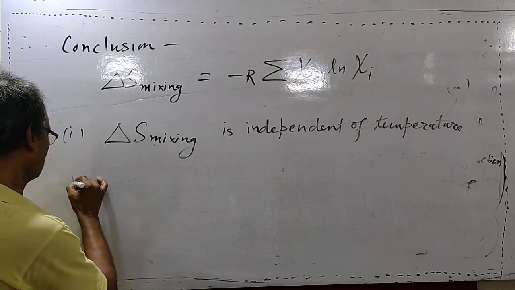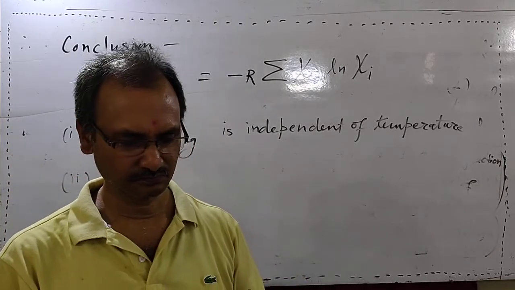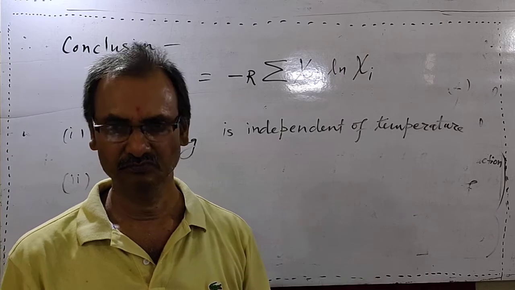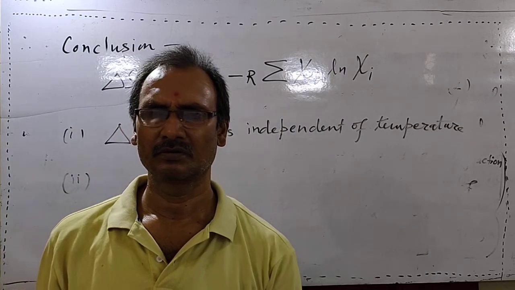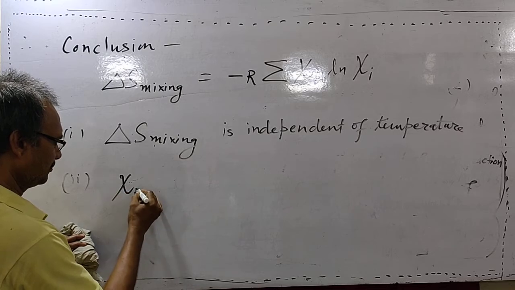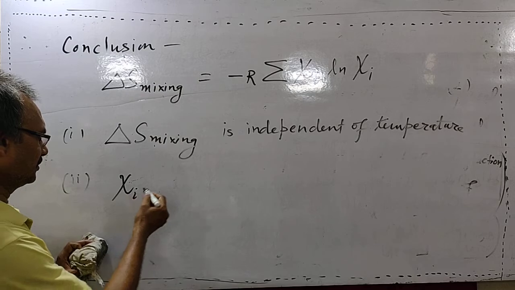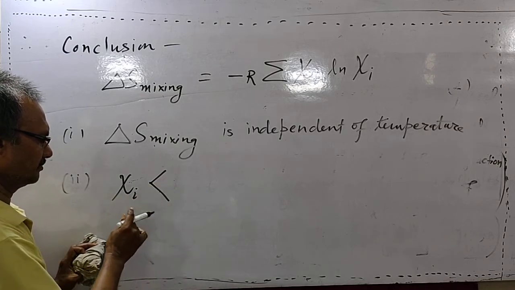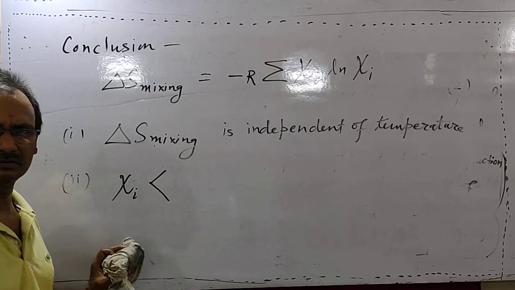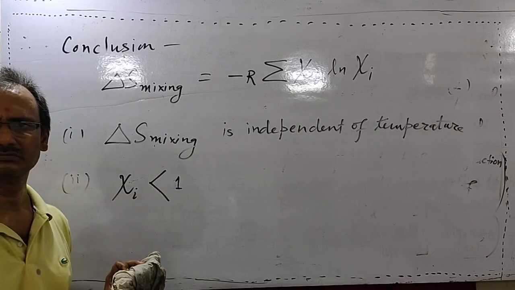And the second conclusion is that the mole fraction of any component, suppose chi_I, is always less than 1.